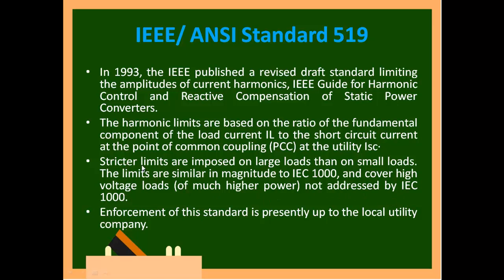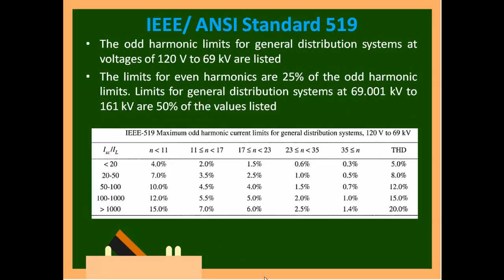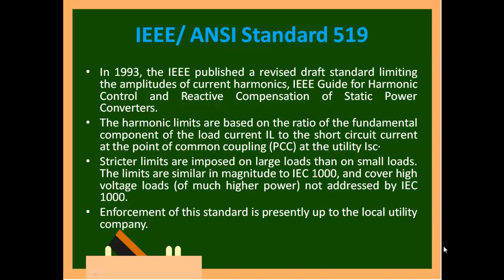Again, you have to be very clear: this is not for small loads. Enforcement of these standards is presently up to the local utility company. They talked about buildings, now they talk about companies. So this is for companies. They specify odd harmonic and even harmonic limits with respect to ISC by IL, that is, short circuit current by load current.